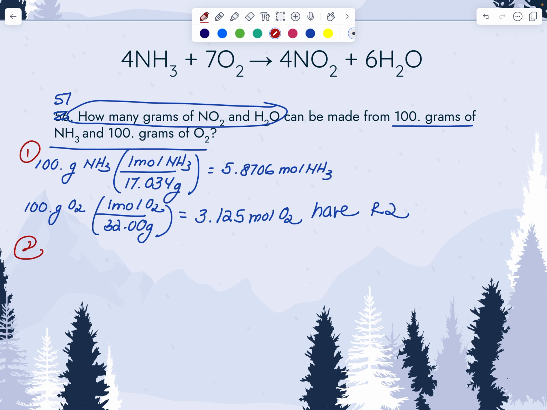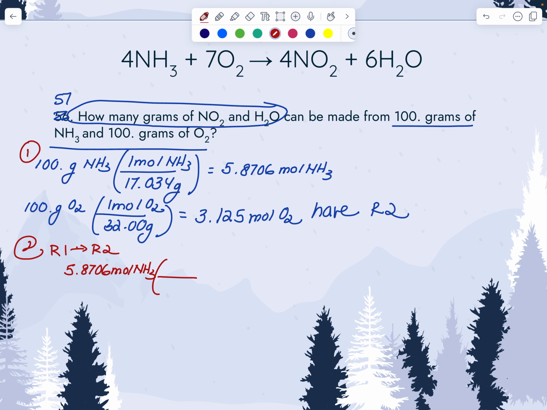And then step 2 is convert reactant 1 to reactant 2. And so I'm just saying, how many moles of oxygen do I need to use up all my ammonia? So ammonia, I have 5.8706 moles of ammonia.